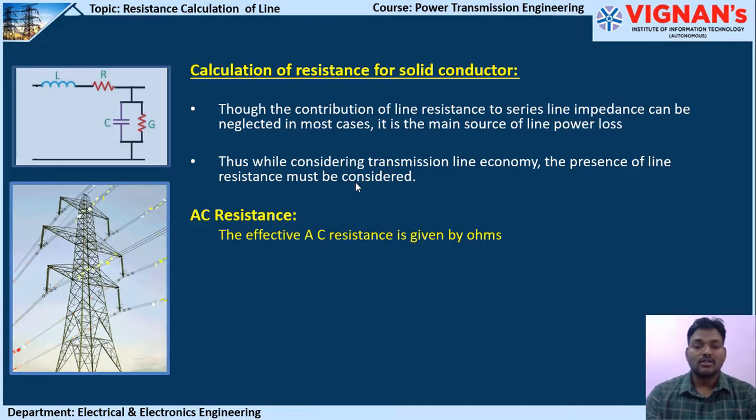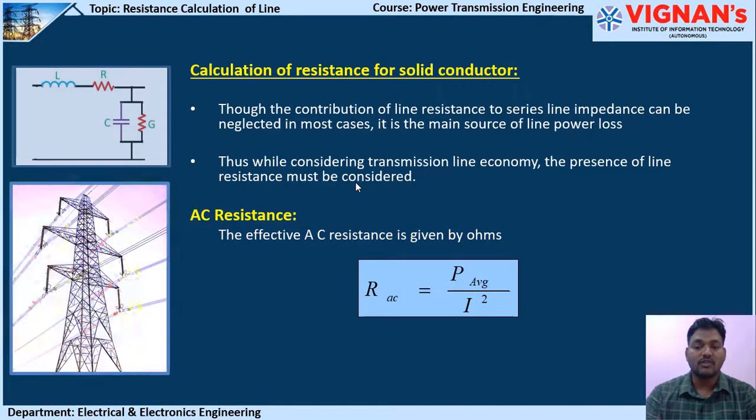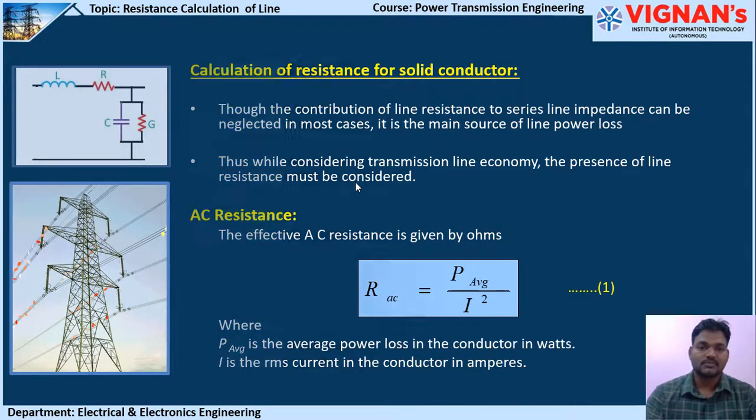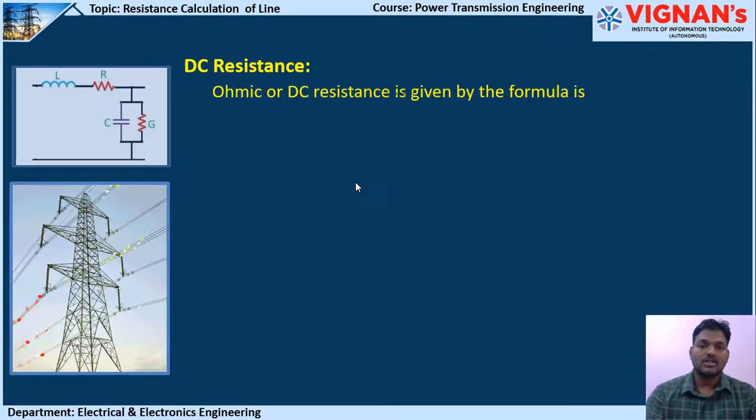The effective AC resistance is given by the formula R_AC is equal to P average by I square, where I is the RMS value of current, P is the average copper loss, and R_AC is the AC resistance. This is given by equation 1, where the power is expressed in watts and I is expressed in amperes. Next, DC resistance.